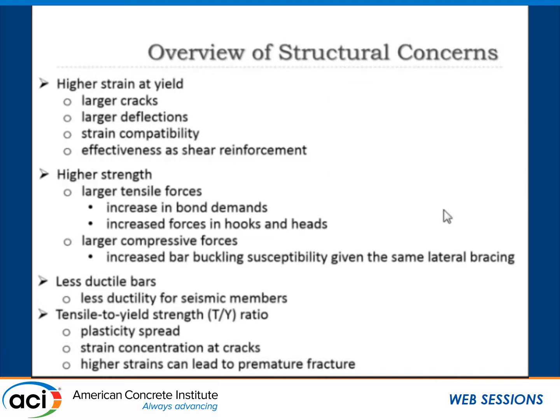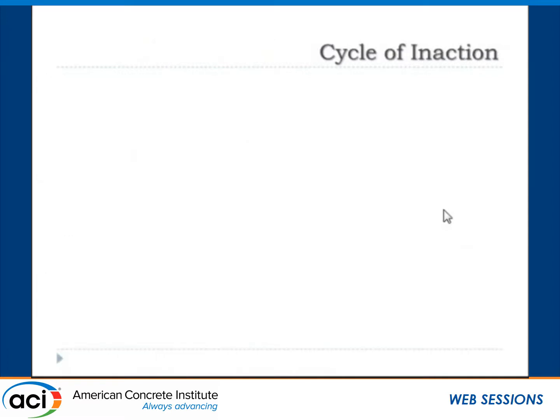Higher strength means larger tensile forces, longer development length, longer splice length, anchorage issues, larger compression forces, bigger buckling propensity for those bars given a certain lateral bracing, less ductility for seismic members, tensile to yield ratio issues with plasticity spreads, strain concentrations, and possibly leading to premature fracture. So there's a wide range of structural issues to deal with, and I'm going to touch a little bit on a lot of these as I go through reviewing some research.